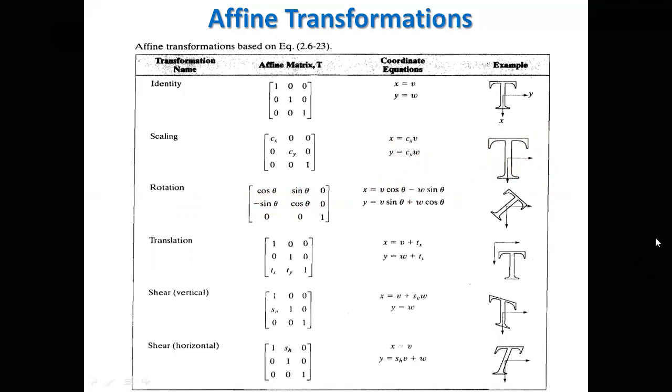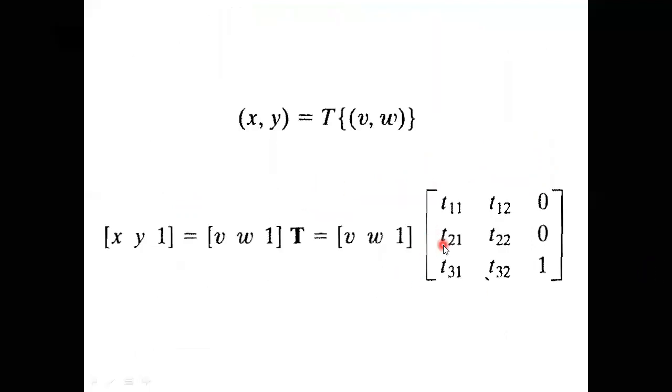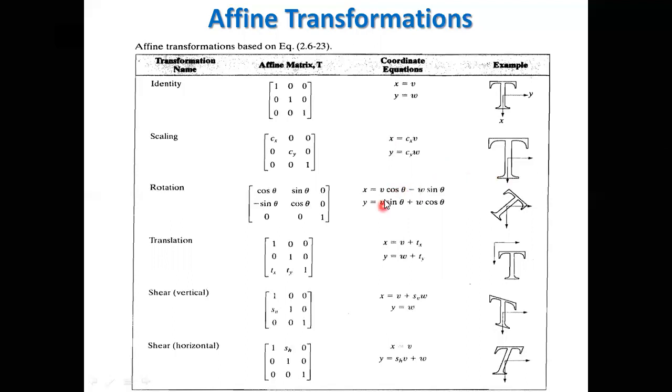Substituting it here, we are getting the coordinate equations like this, and the figure displays T like this. Okay. Next, translation. The affine matrix is taken like this, and by substituting we are getting the coordinate equations like this, and T displays here. Translation from here to here.